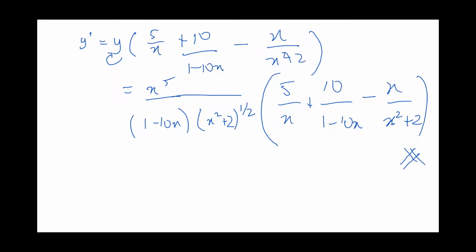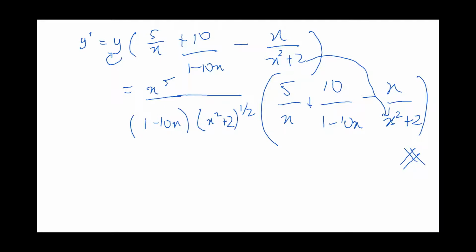Where is 42? Y prime equals y times 5 over x plus 10 over 1 over 10x minus x over x 42. No, this one is x squared plus 2. I wrote it earlier and it was not neat. This is this. Okay, thank you, Doctor. It's not really a typo, but my pen strokes joined together. Okay?